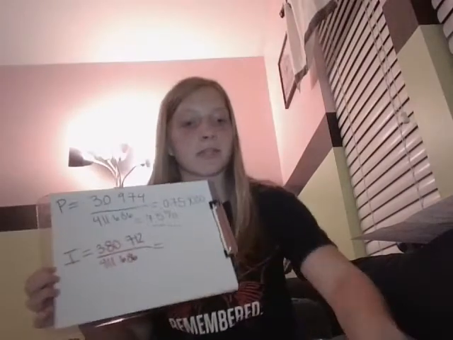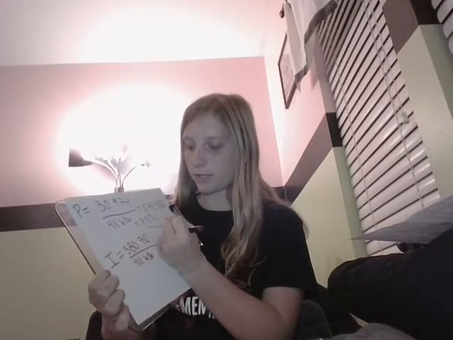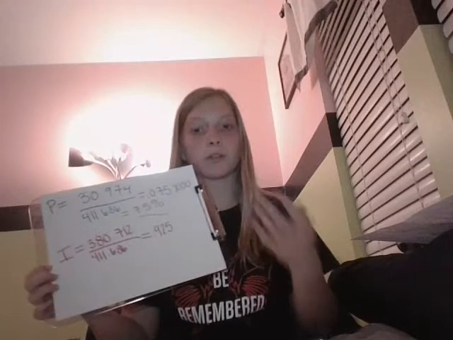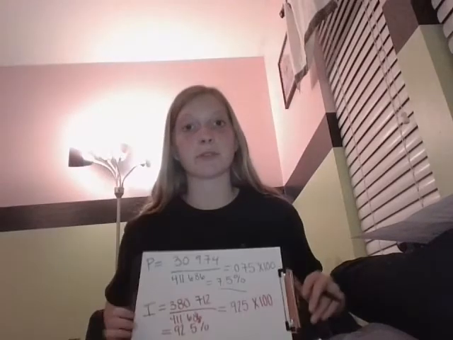So when we plug that into our calculator, we would get 0.925. And then step 4 is multiplying by 100. So let's go ahead and do that. You'd get 92.5%.